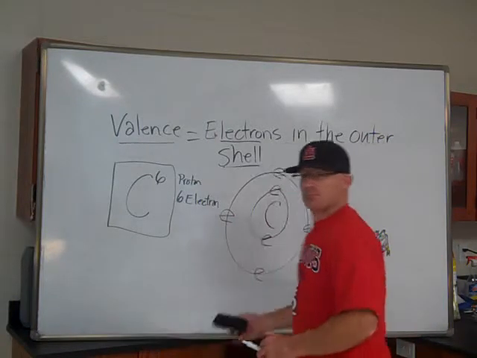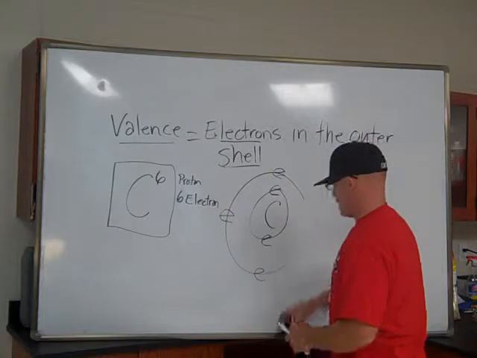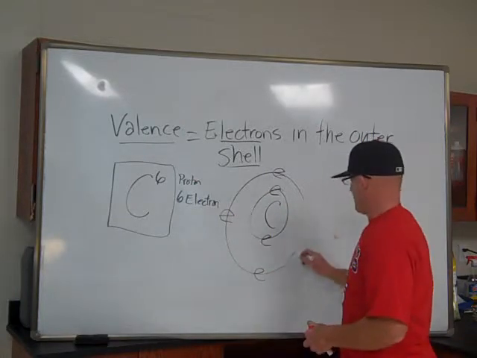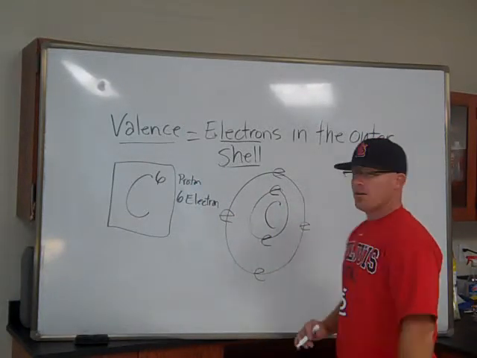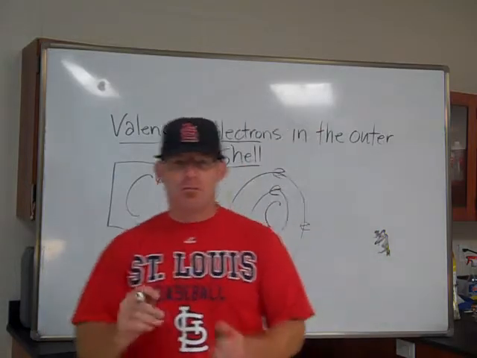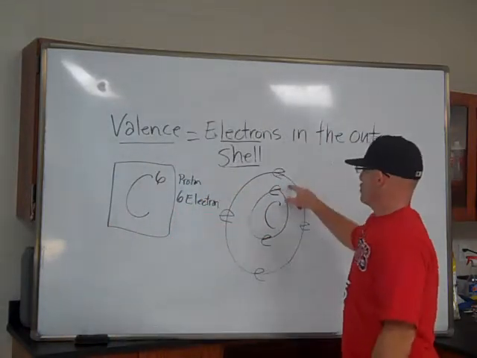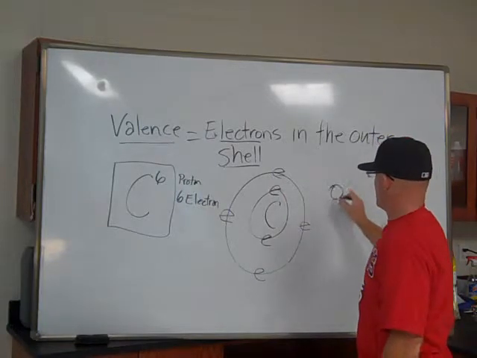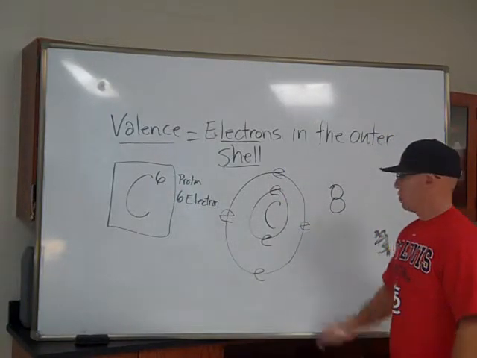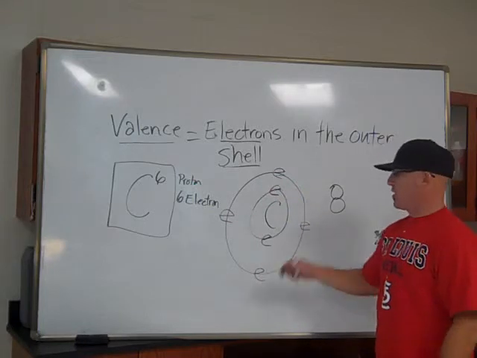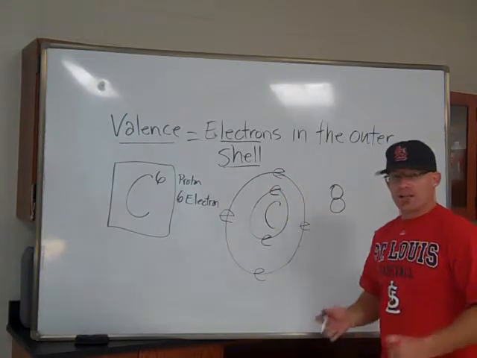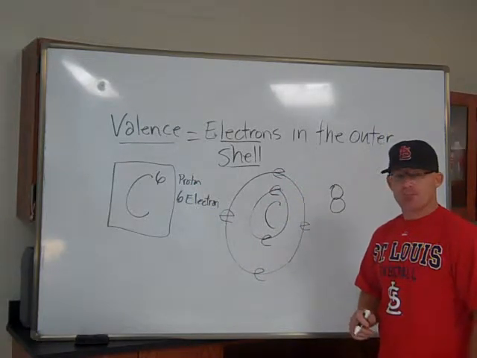Now, the last question on the paper says, how many would it take to fill its outer shell? Well, the second shell can hold 8 total. We have 4, so we could put 4 more in its valence shell to fill it up.